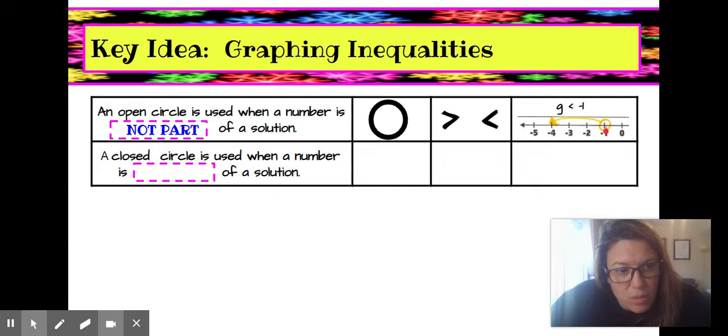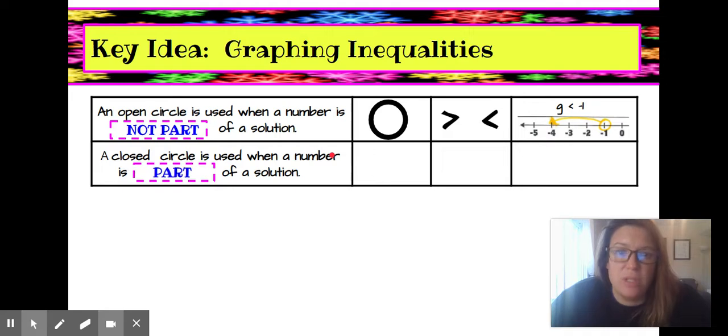It's an open circle because that -1 is not included as a solution. I cannot put -1 where the g is to make that inequality true. So I don't want to include -1, but I want everything less than -1 to be included on my shading, my arrow. So I shaded this way.